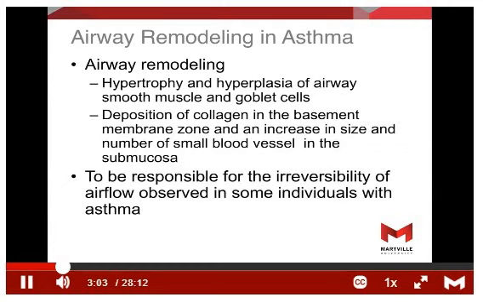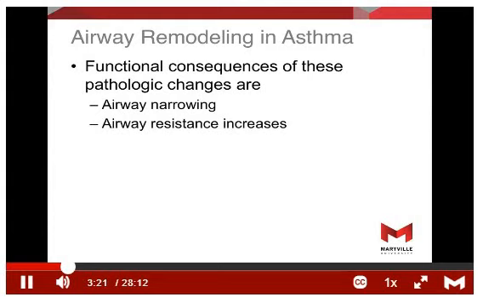Because of all this and the hyperinflammatory process, they get an increase in number of blood cells and blood vessels. This is thought to be responsible for the irreversibility of airflow observed in some individuals with asthma. So the functional consequences of these pathologic changes are the airway becomes narrow and the airway resistance increases. So the airway resistance increases and it becomes more narrowed.